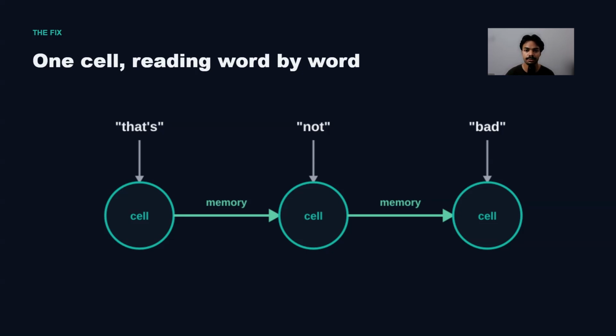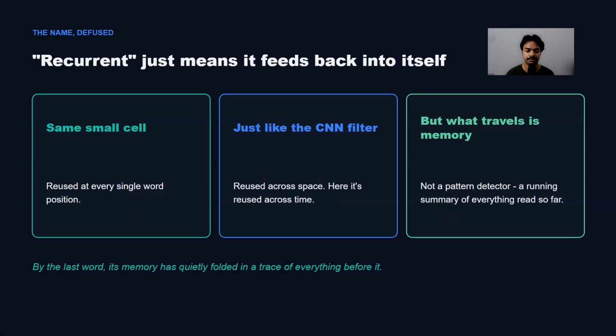That looping arrow, memory flowing from one step into the next, is the entire idea behind a recurrent neural network, an RNN. Recurrent just means it feeds back into itself. Same small cell, reused at every position, exactly like the filter that got reused across an image in our CNN episode.